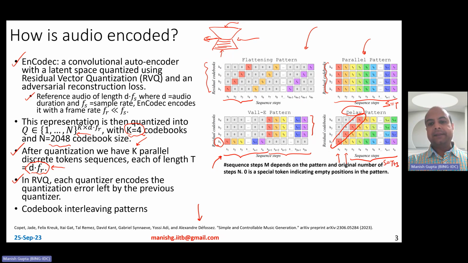That's another way of encoding things. The flattening pattern is probably a good one, but it has 4 times T, so it's not very efficient. The delay pattern, however, is pretty efficient because its overall sequence size is the same as the number of time points in the quantized representation of the audio.